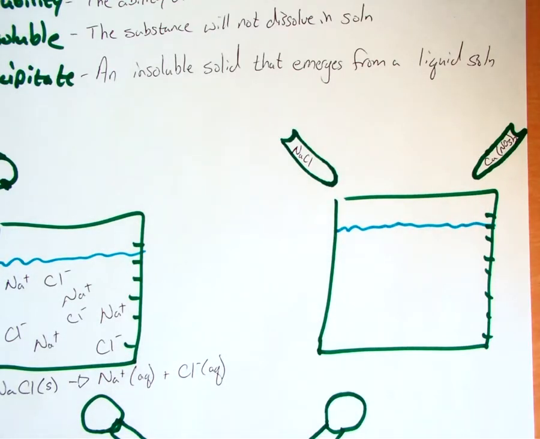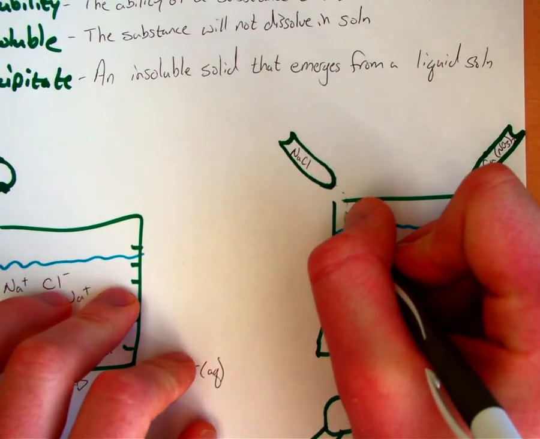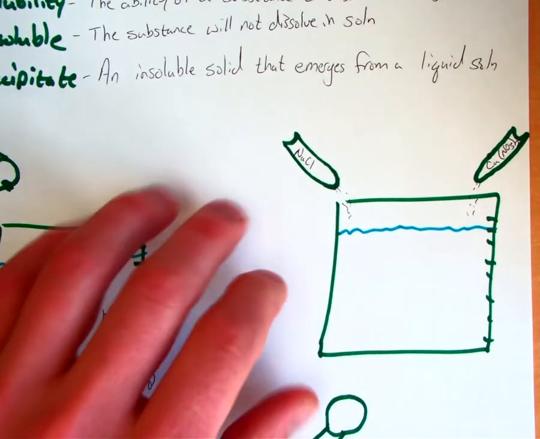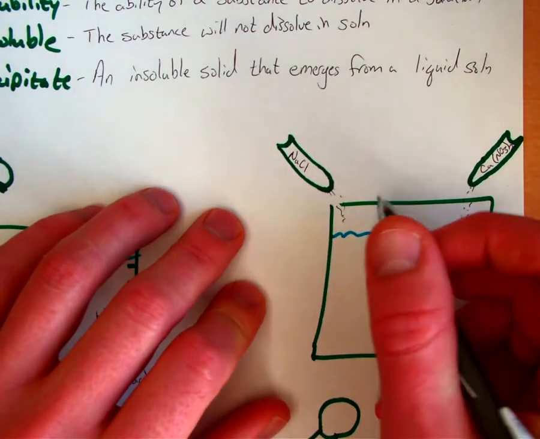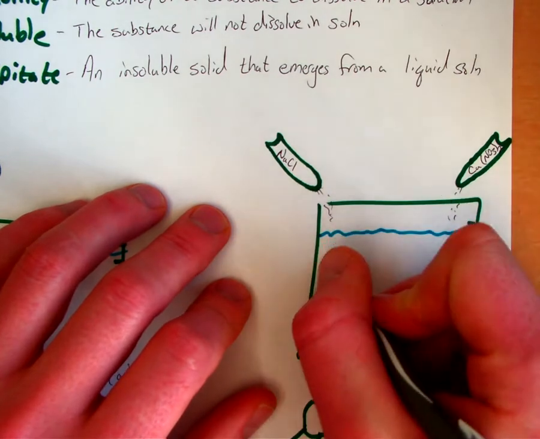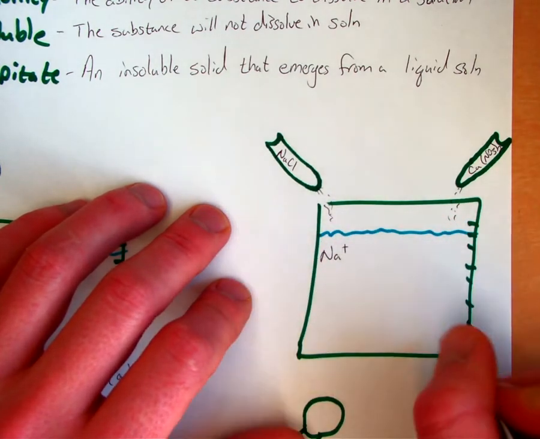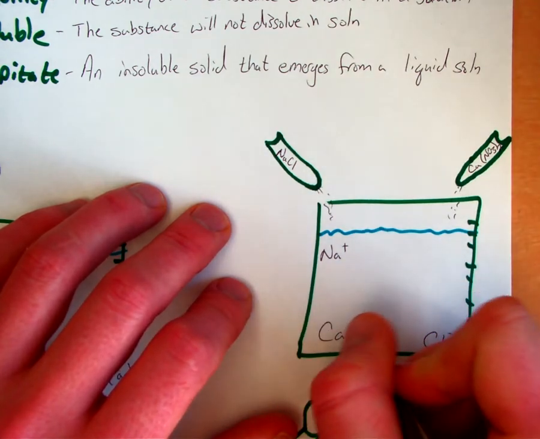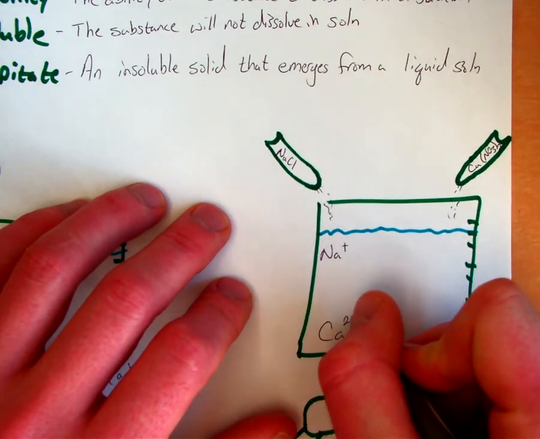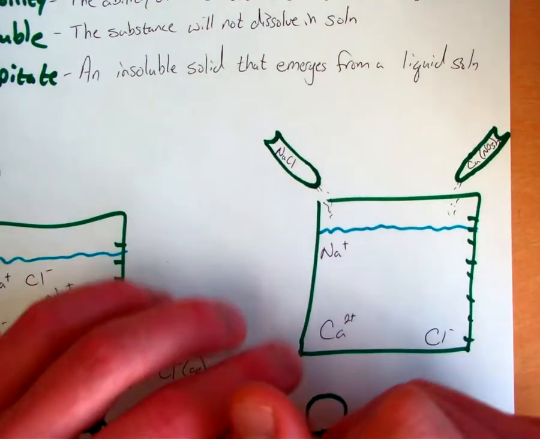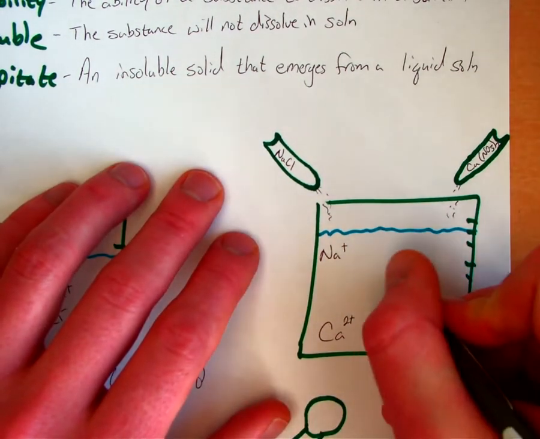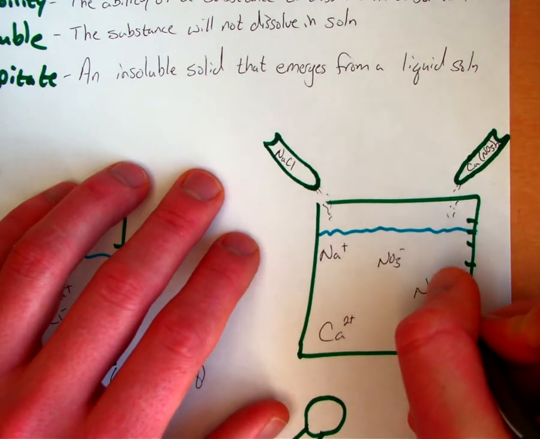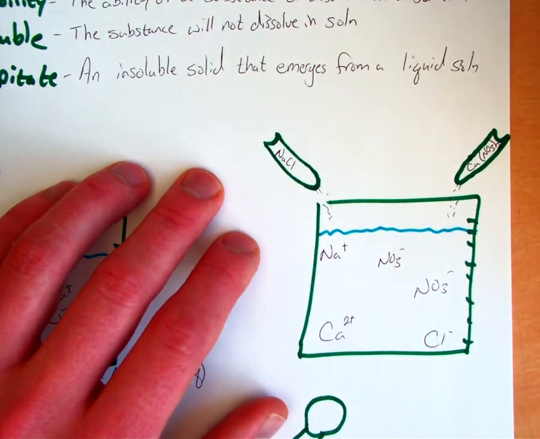So as we pour both into the water, again, ignoring how the water separates them, we're just going to know that they're going to separate into their respective ions. So sodium, again, will separate from chlorine, and calcium will maintain its 2 plus charge, whereas nitrogen in NO3 will maintain its charge as well.